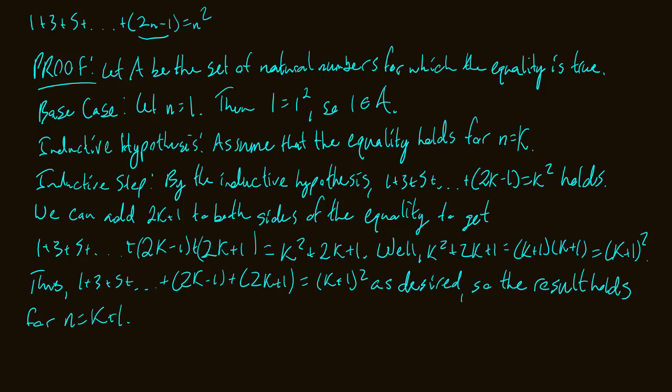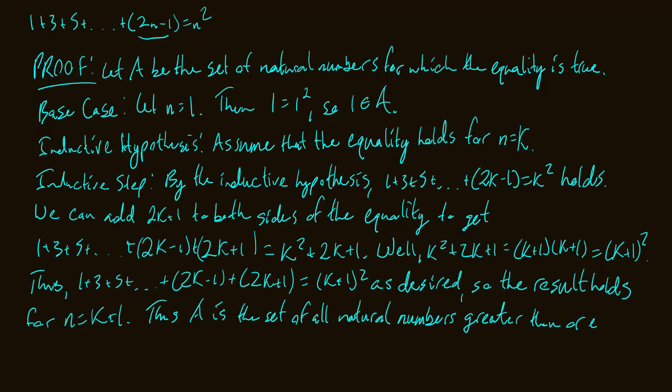But if you get it, so the result holds for n equals k plus 1, thus A is the set of all natural numbers greater than or equal to 1. I guess I could have just said all positive integers. And I'll say, this is the set of all natural numbers greater than or equal to 1.